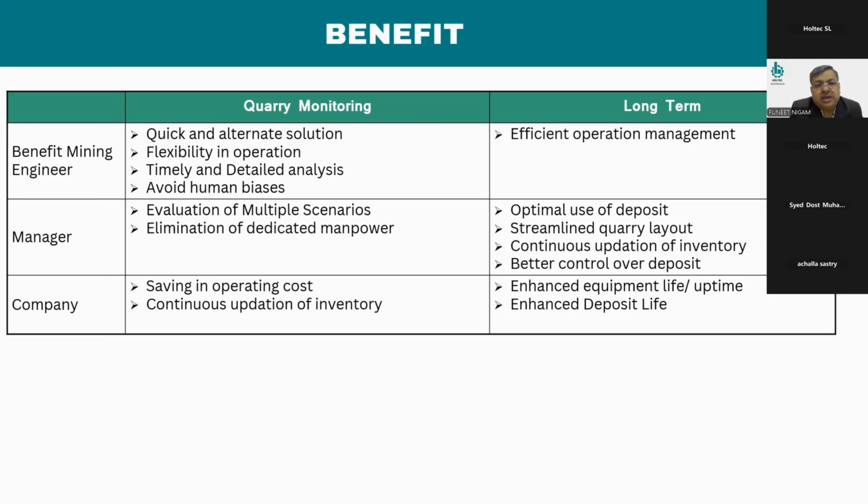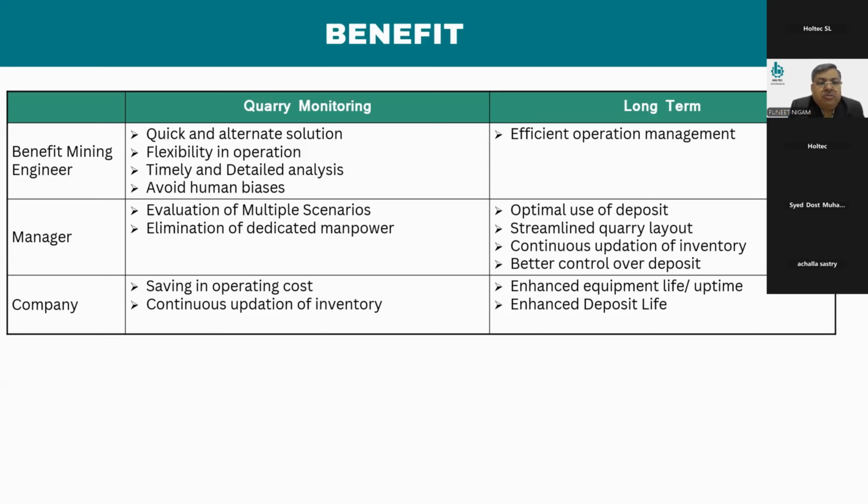Here, the main thing is that there is coordination between the mines and the plant. Both understand each other. The mining people predict that this is the material available to us, so this is the best material we can give.